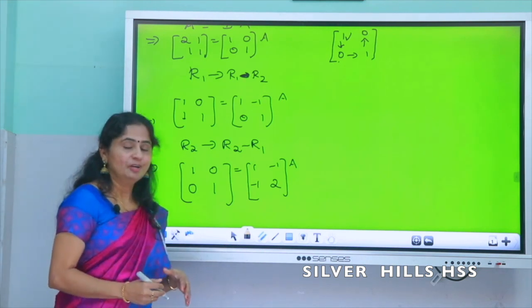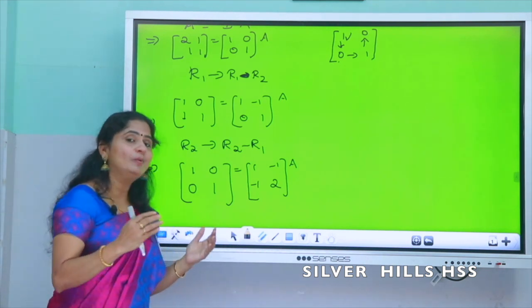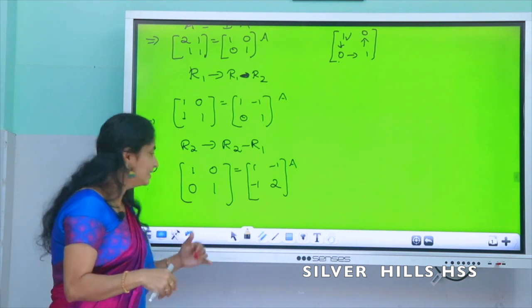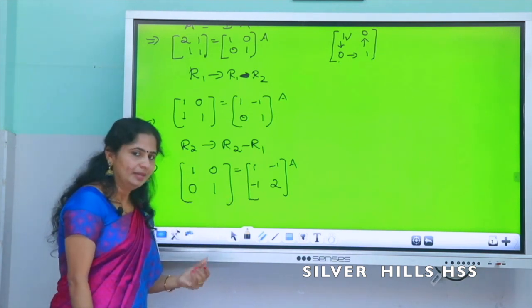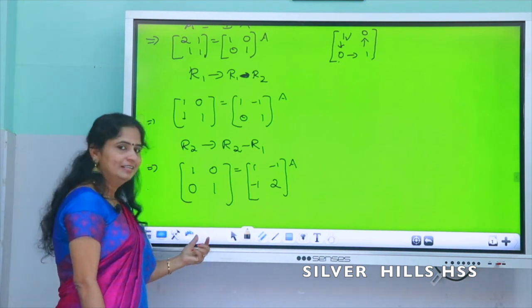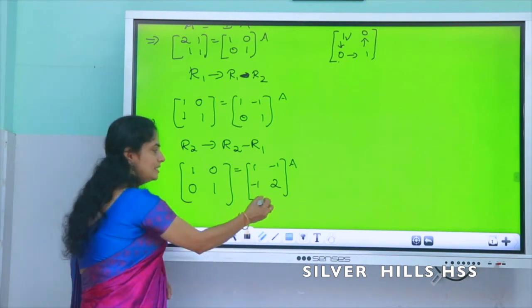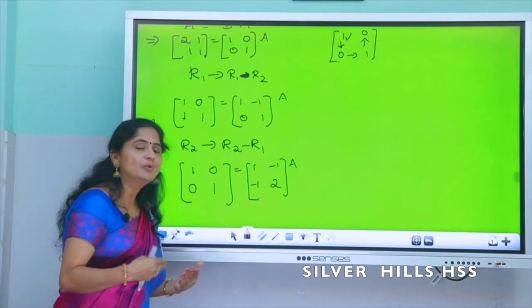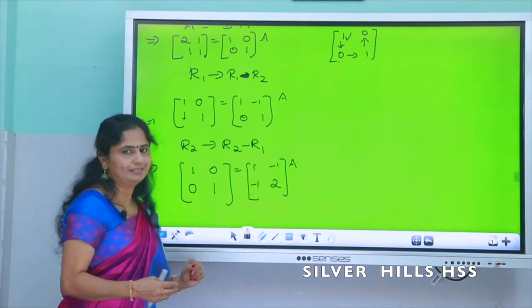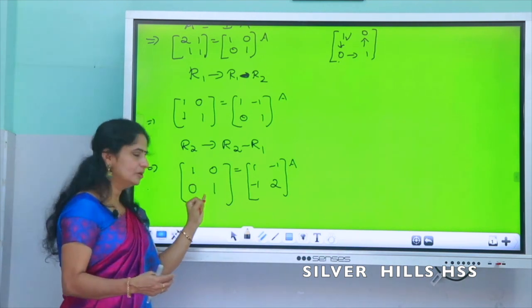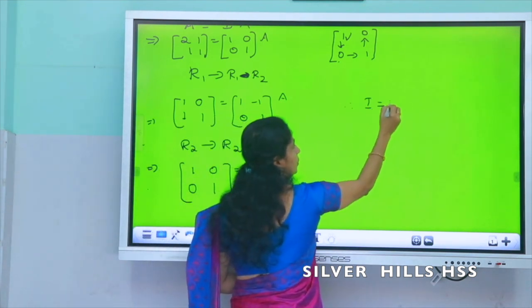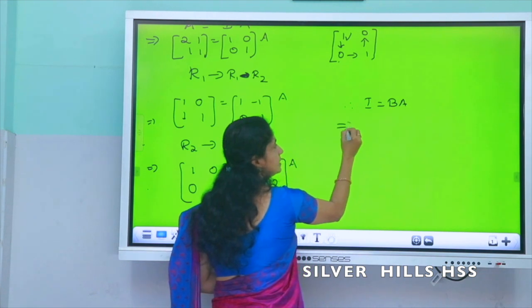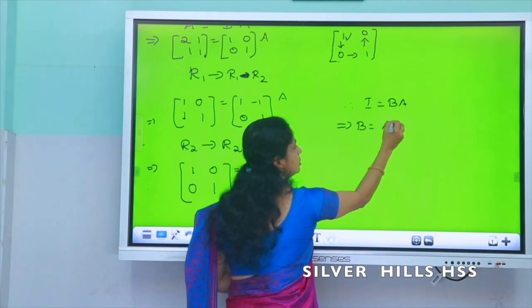So we have reduced A is equal to IA as I is equal to, say, B into A. Hence, by the theory, we can conclude that this matrix, say B, is going to be the inverse of the given matrix. As we have got 1, 0, 0, 1, we have brought this in the form of I is equal to BA, which means B is the inverse of the matrix.